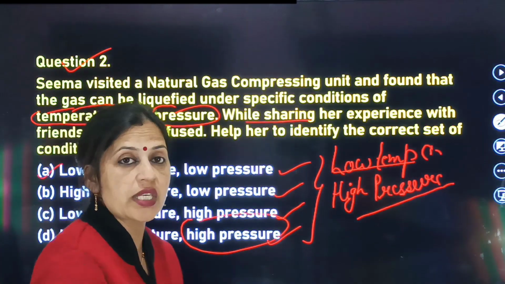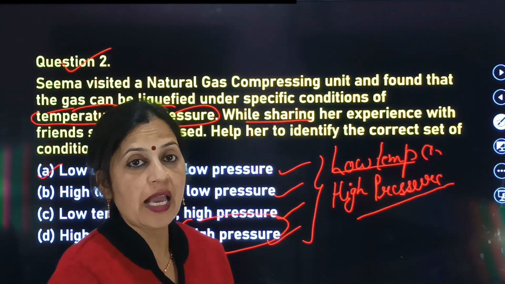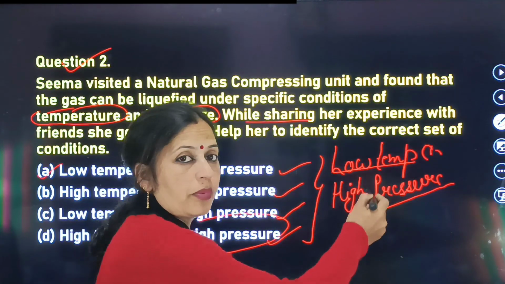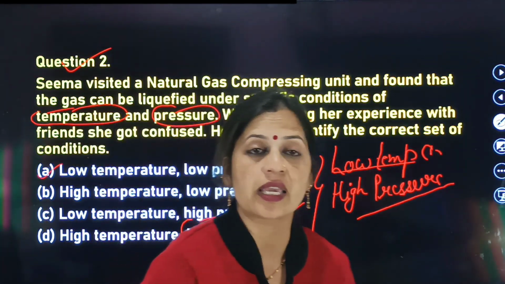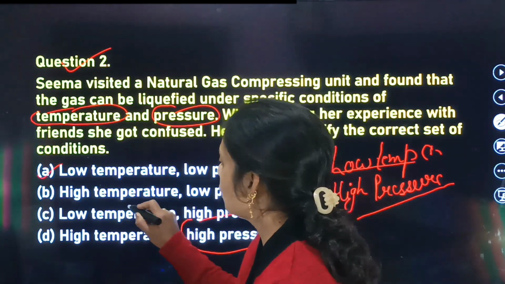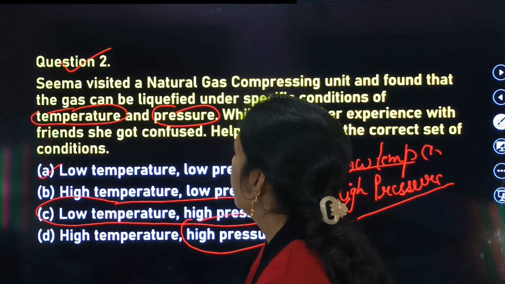That means there are two conditions where the gases can be liquefied: low temperature and the second one is high pressure. Under these two conditions the gases can be liquefied. So this is the right answer for question number 2.